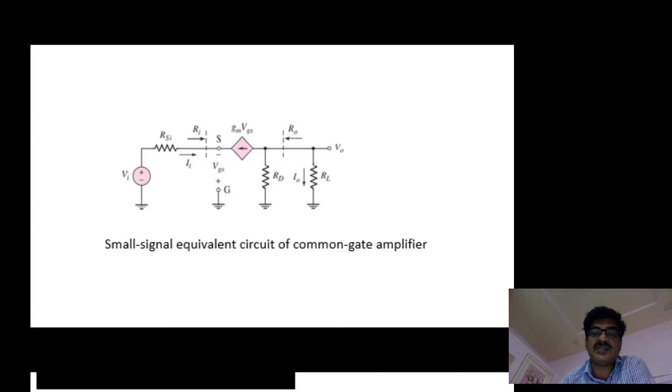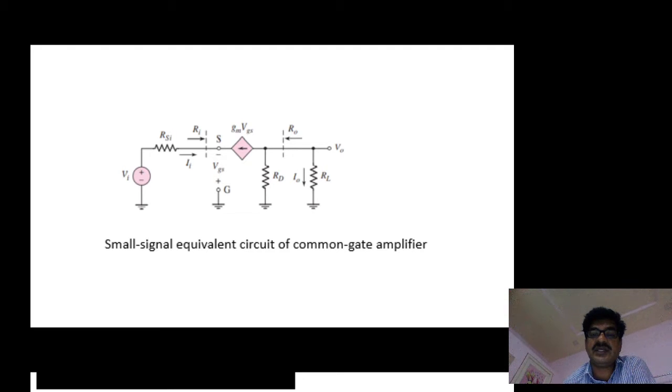So for the analysis, you have to convert the MOS transistor into an equivalent circuit. This is the small signal equivalent circuit for the amplifier. For deriving it, the MOS transistor is replaced with its equivalent circuit, and DC sources must be set to 0, that is, they act as a short circuit.